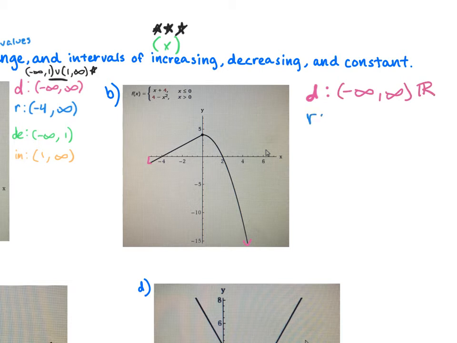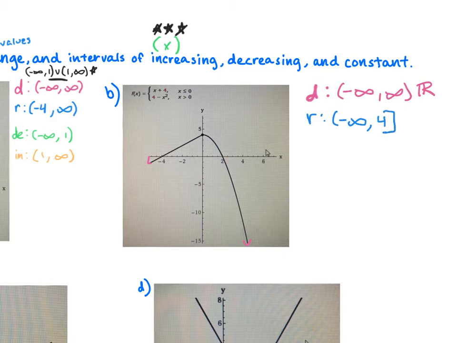Our range, we are looking at the y values, so we start down low and go up to the top. So our graph goes forever in the negative direction, so it starts at -infinity, and then our highest y point is 4, and we have a closed circle there, so we put a bracket.